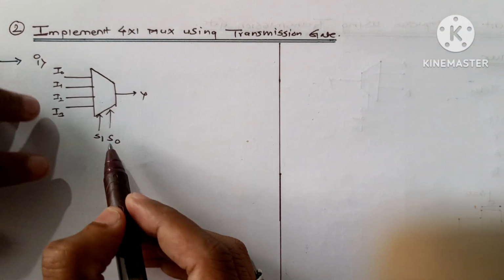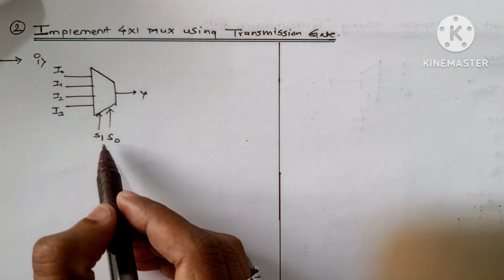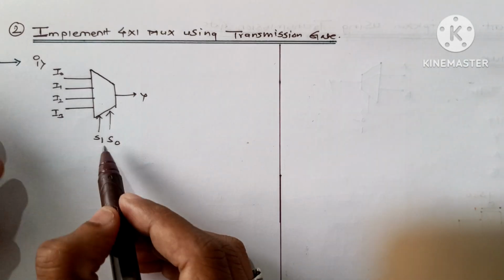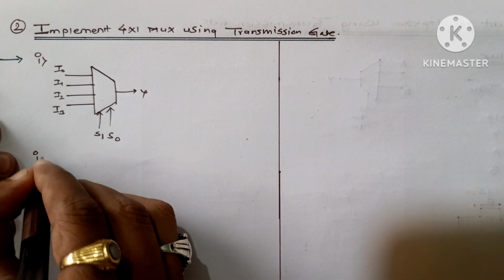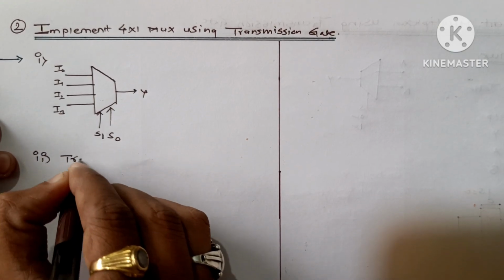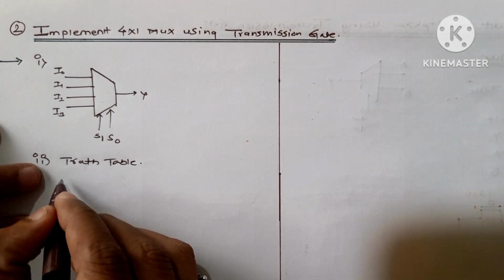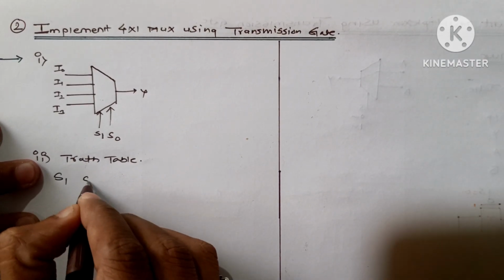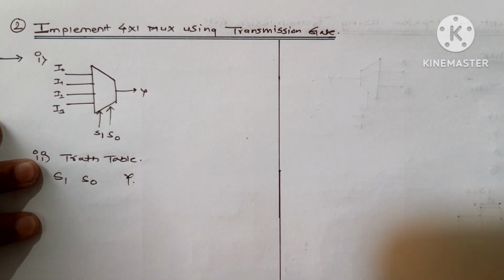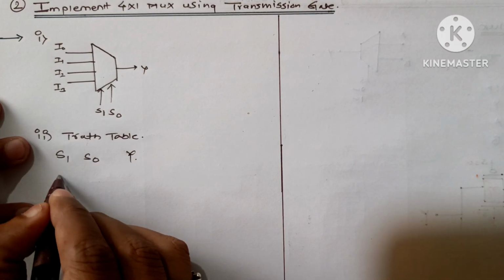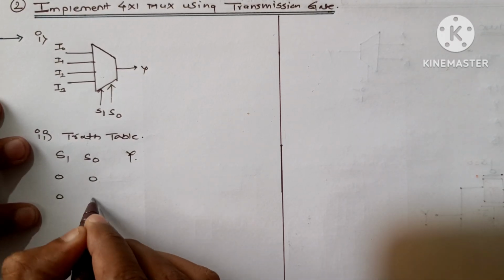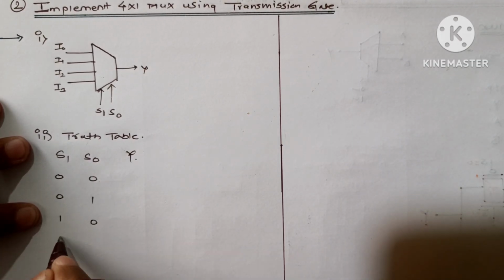So this is the schematic of our 4:1 mux. As far as its working principle is concerned, we can go for its truth table, based on which we can predict how it works. We will have inputs S1, S0, and at the output side we have output Y. Two variables give 4 combinations.